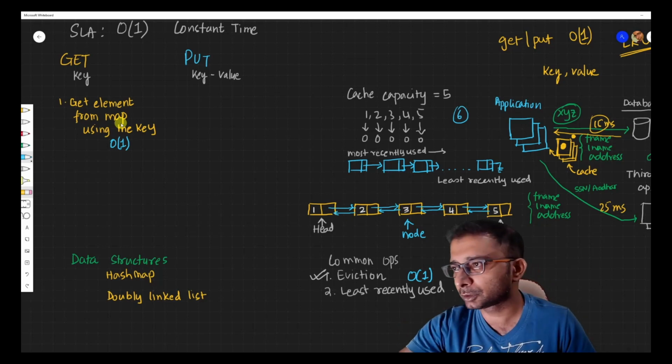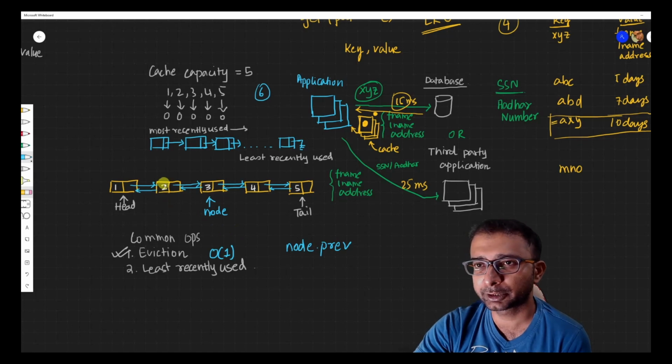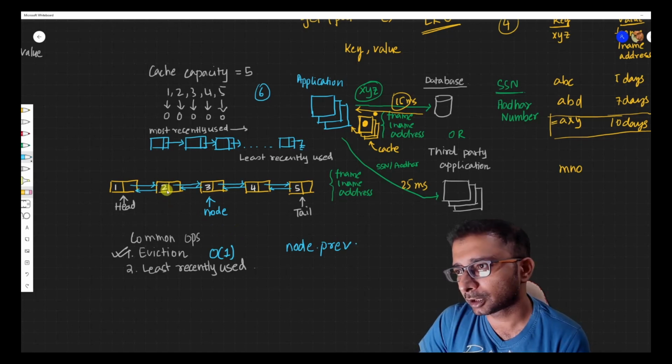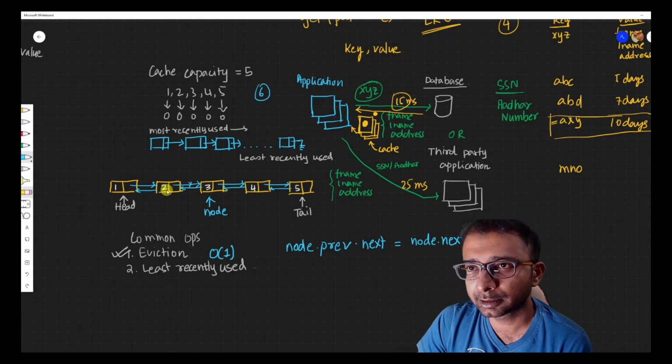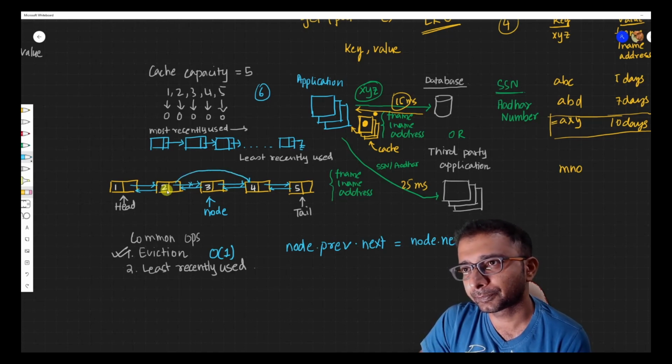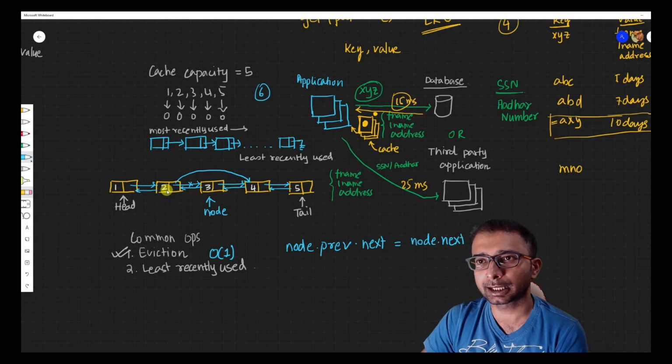So what I'm going to say is node.prev, which means this node over here, dot next equals node.next. So basically I am cutting off this link over here, and instead I am putting this link over here, right?